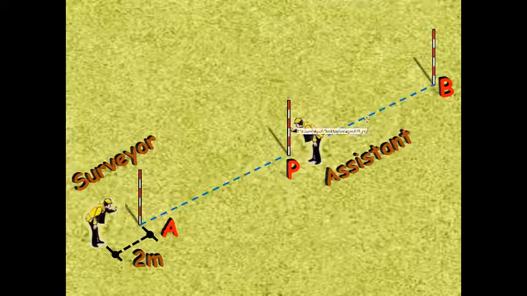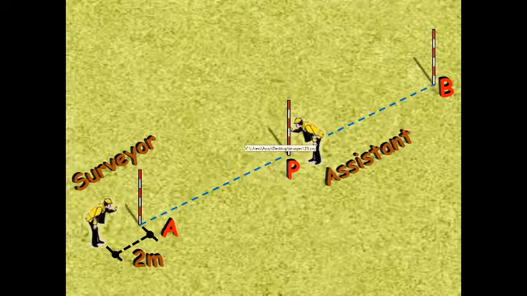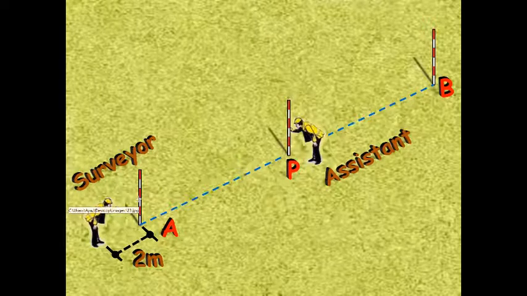So how it's done is that one person holds a ranging rod and stands between those 2 points. The person standing at A can see the ranging rod at point B, and the person at the intermediate point moves the ranging rod left and right, and this person lets him know when the three ranging rods are in alignment.